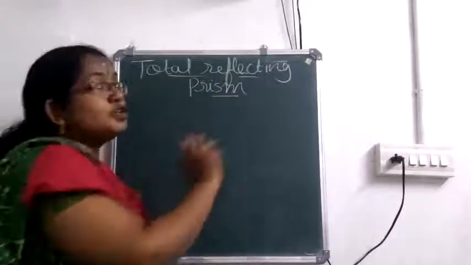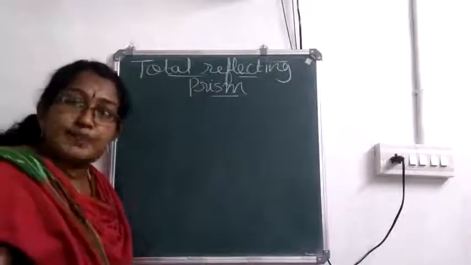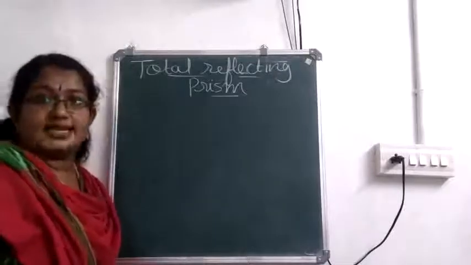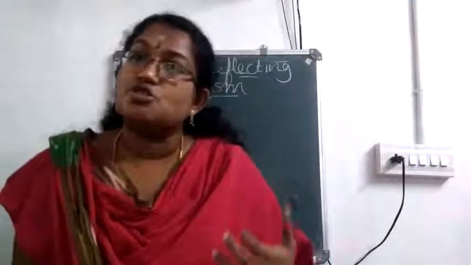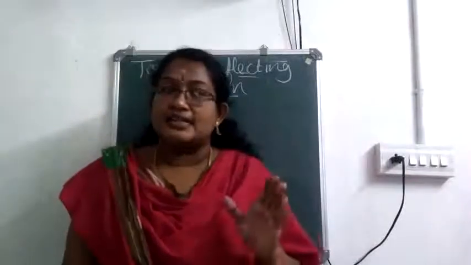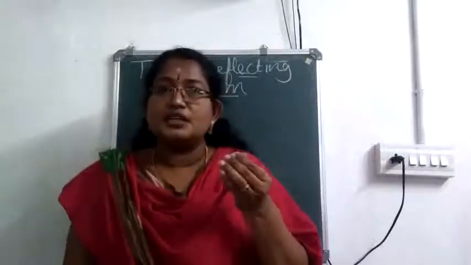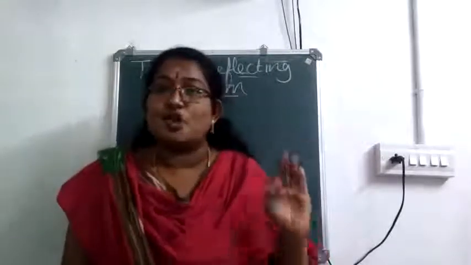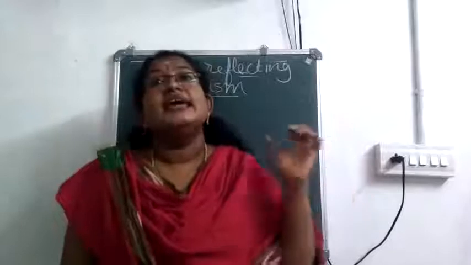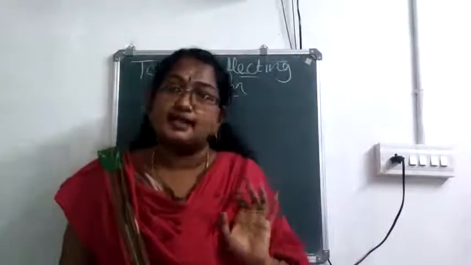It is also known as total reflecting prism. Do you know what is the reason? Here we are considering a triangular prism, and if a light ray hits on any of the three surfaces or faces of this prism, it undergoes total internal reflection.